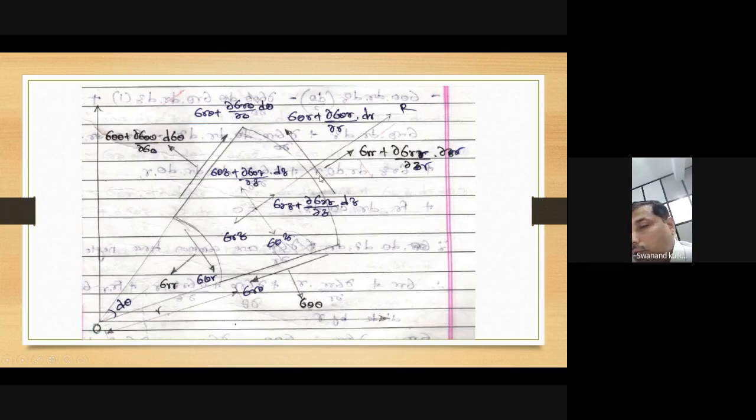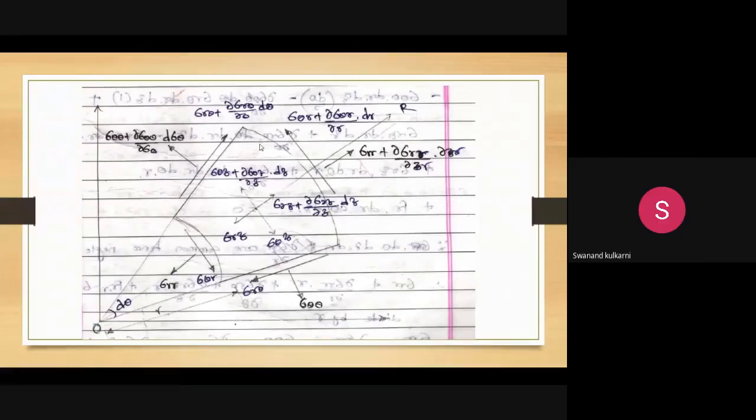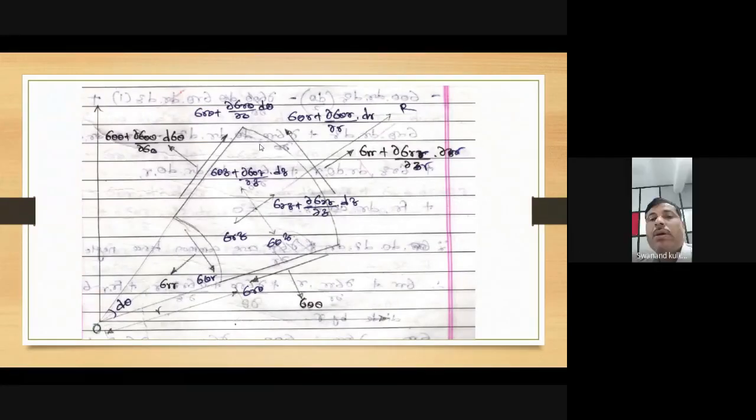Is it okay? So once again, initially we saw that there were two surfaces, but now we are considering the remaining two surfaces, out of which one is the top surface and the other is the bottom surface.